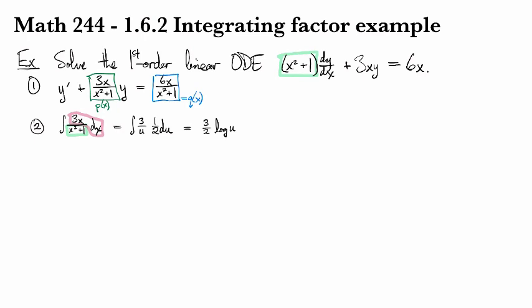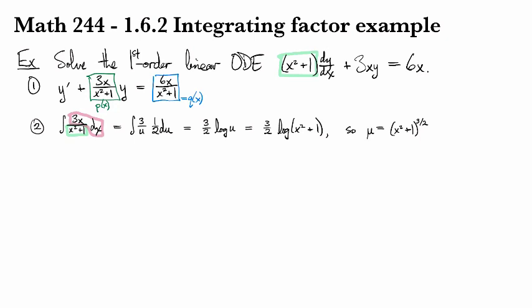And I'm going to take my constant of integration to be 0 because, like I said, it doesn't matter. That's what we saw last time. So then this is, back in the original coordinates, log of x squared plus 1. So my integrating factor mu is going to be x squared plus 1 to the 3/2.